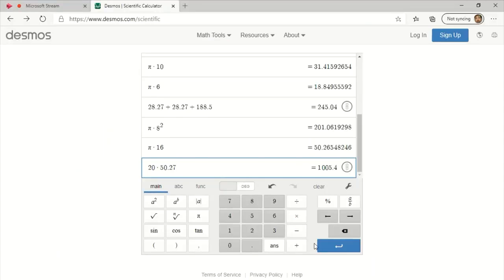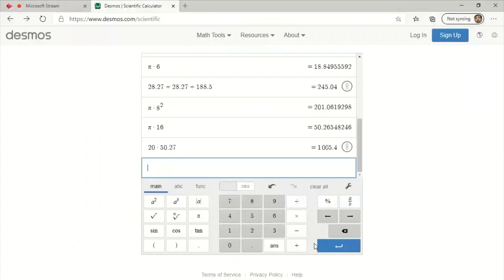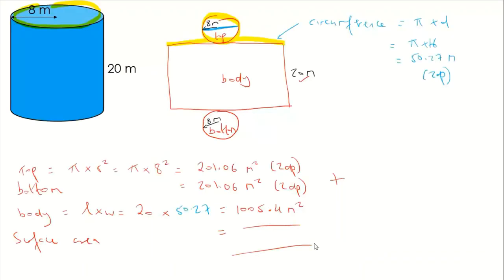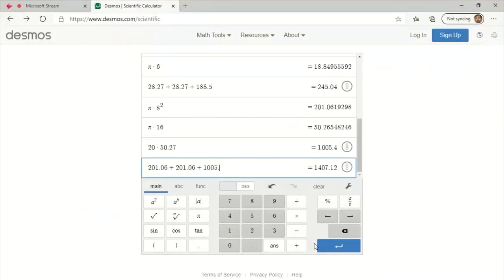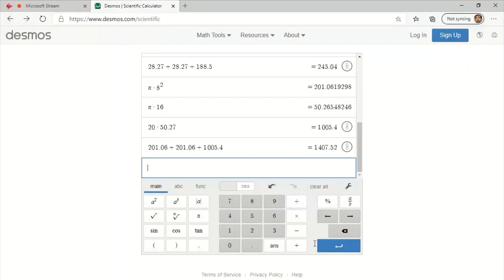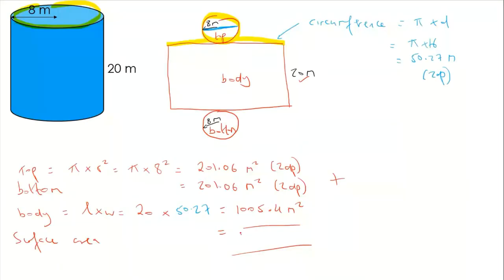Okay, so I got to do 201.06 plus 201.06 plus 1005.4, which is 1407.52. Yep, 1407.52. This time round, meters squared.